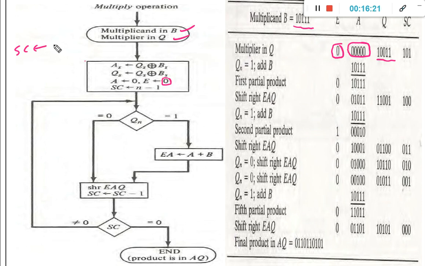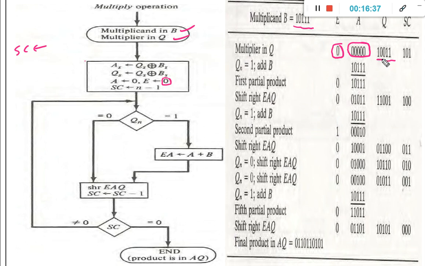Initially, the sequence counter is set to n minus 1. So how many bits are there in the multiplier? The sequence counter is the number of bits available in the multiplier.